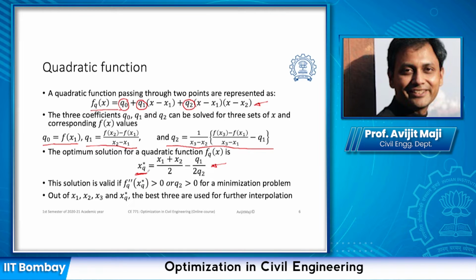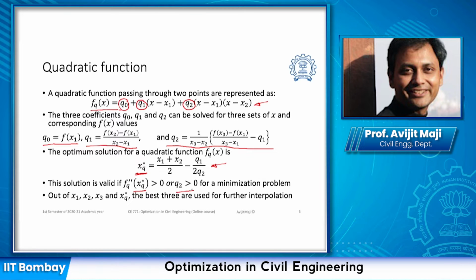Now this solution is valid if the second order derivative of the quadratic function at this optimum point is greater than 0, that is when the function is going to yield minimum in case of minimization problem. Or in other words, if we say that q2 is greater than 0, then we have the valid solution.